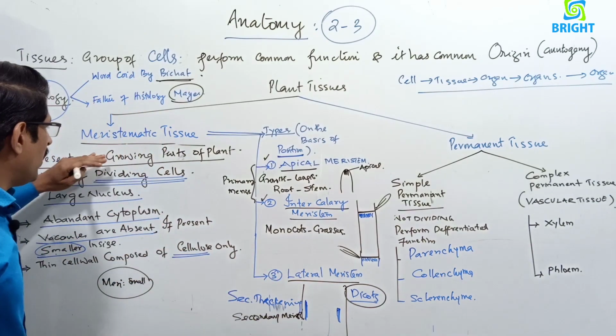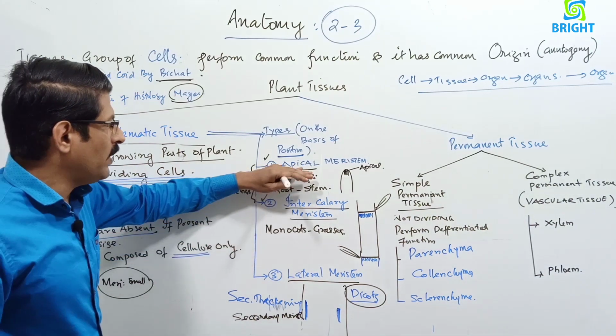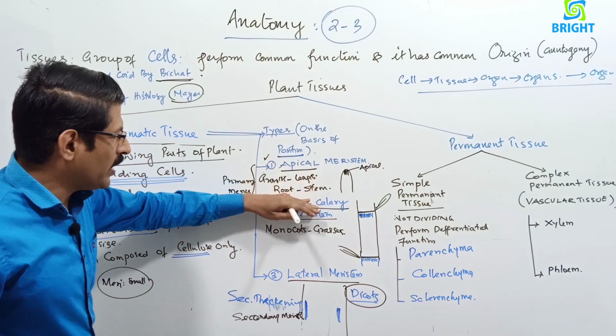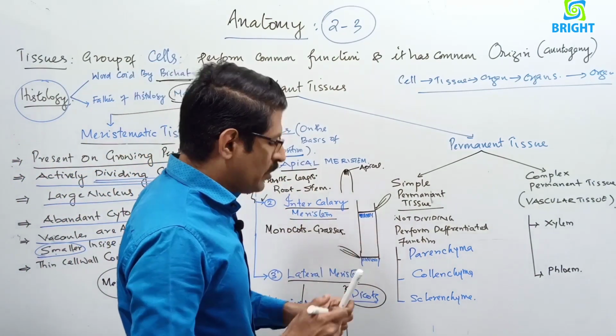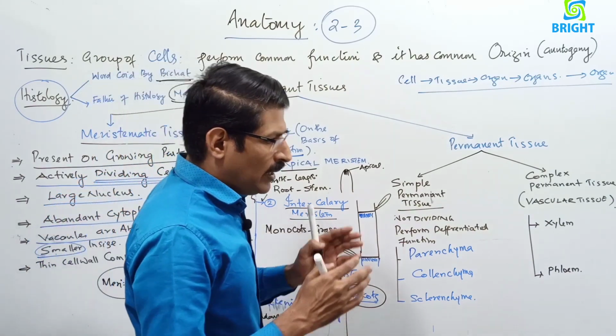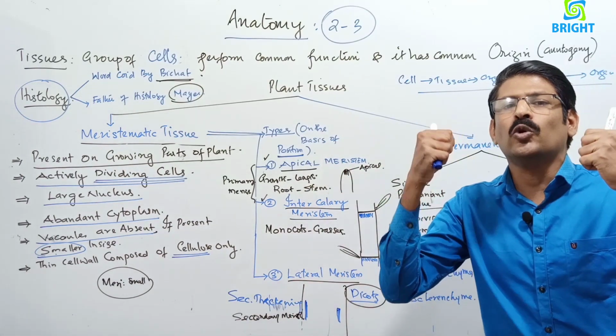So what is meristem? What are the characteristics of meristematic tissue? And what is the classification of meristem? Meristem may be present in the apical region, intercalary region or on the lateral side of the plant. The second type of tissue is called permanent tissue. Permanent tissues are derived from the meristematic tissue, and they lose their ability to divide.